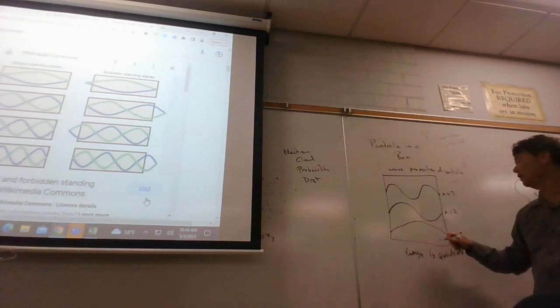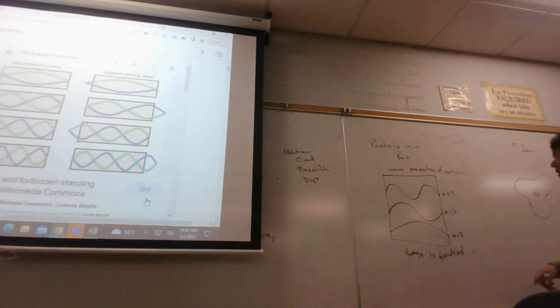It wouldn't quite hit where I'm supposed to hit. So this is allowed, and this is forbidden. Forbidden would be what we call destructive interference. The electron starts off here, and we don't get an integral number of half wavelengths in here.